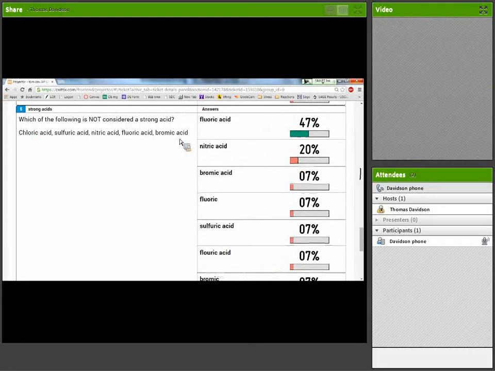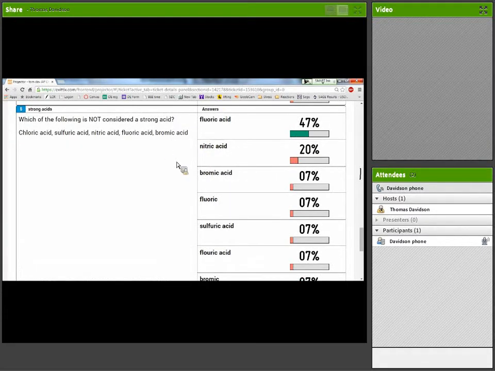Okay, I did fix this. I don't know why I just put fluoric, but I did. I fixed it to fluoric acid to make people not hate me. Fluoric acid is the correct answer. That person just spelled it a little teeny bit wrong. So this is just straight memory.